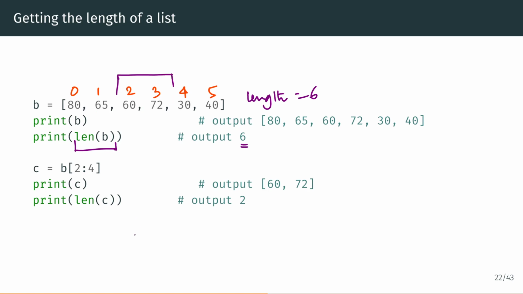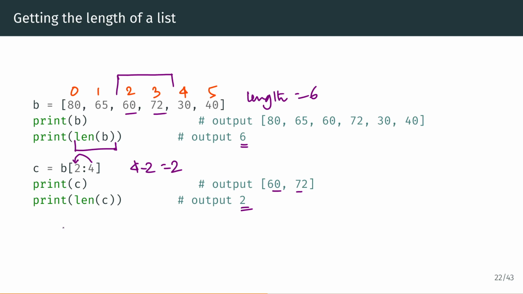So the new list C is 60 and 72. And when we print the length of C, it outputs 2. So the easiest way of finding the length is subtracting the begin index from the end index. So 4 minus 2 is equal to 2, and that would be the length of the new list.